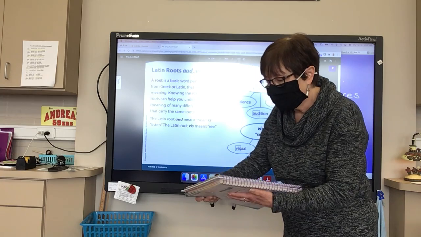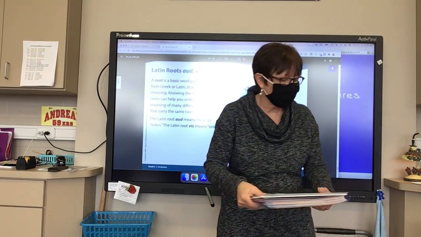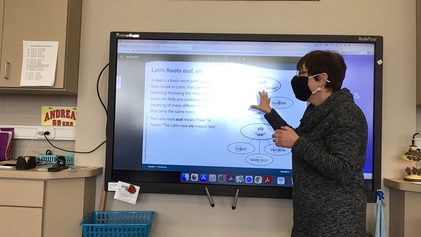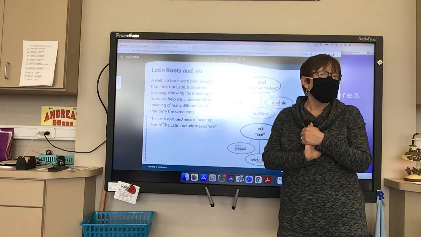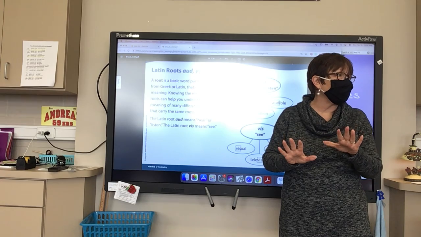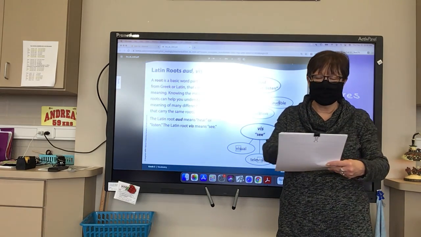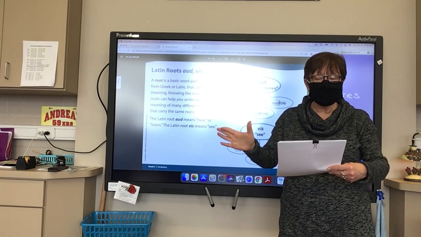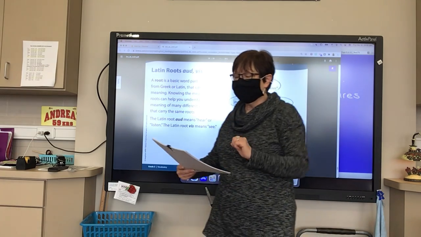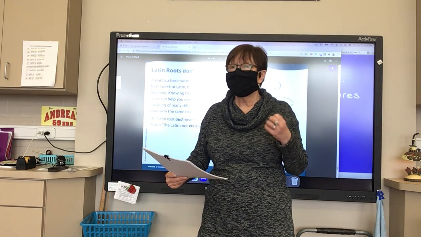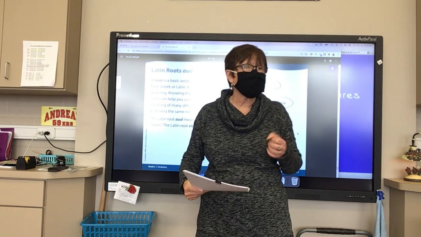Now, boys and girls, I think probably we have some on our paper. And at this point, you already have your paper. If I asked you for some word examples, you'd probably just start doing them on your paper. So let's look at our paper here. It says, a root is a basic word part, usually from Greek or Latin.